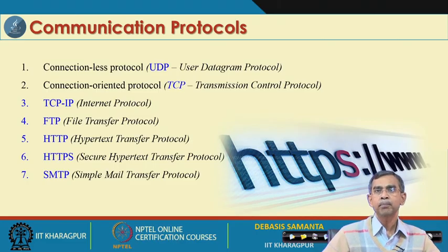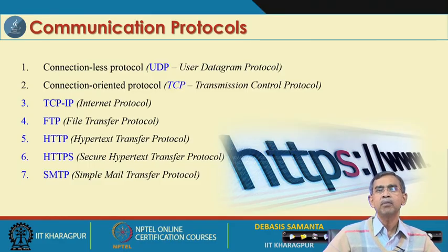Now, let us come to the communication protocols. Many communication protocols have been proposed so far. UDP is called a connectionless protocol, whereas TCP, the very popular Transmission Control Protocol, is called a connection oriented protocol. There is another protocol which is both connection oriented and connectionless, called TCP/IP.